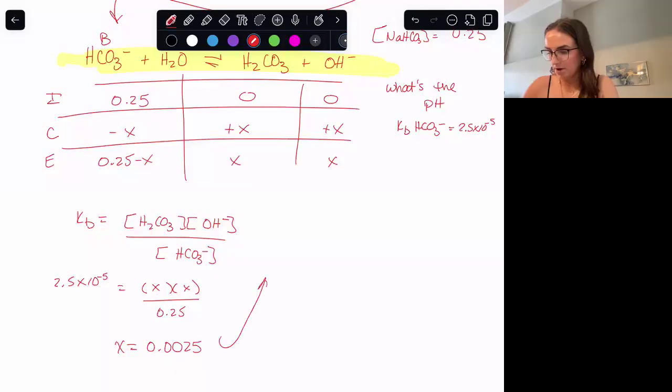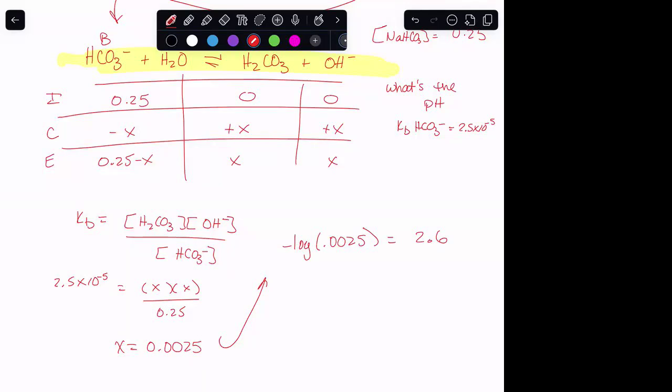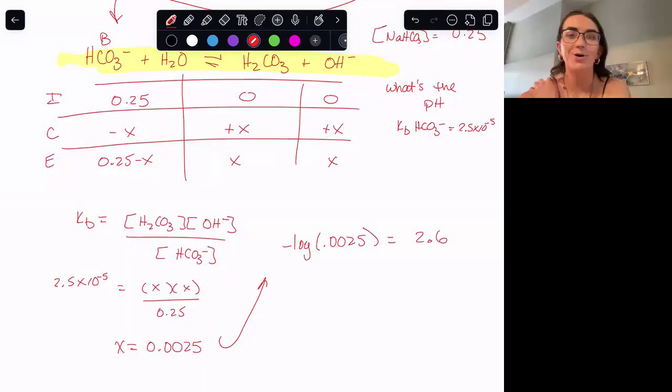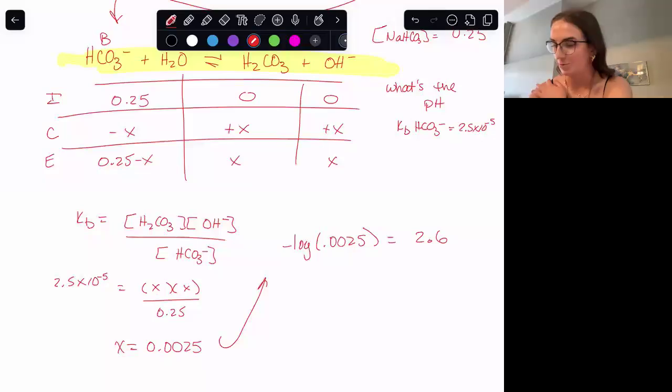Yep, so we're going to take the negative log of 0.0025, and we get 2.6 as that answer. Isn't this supposed to be basic though? So does it have to be past 7? So what did we solve for when we did the negative log? Oh, did we solve for pOH? We solved for pOH. Oh, okay.